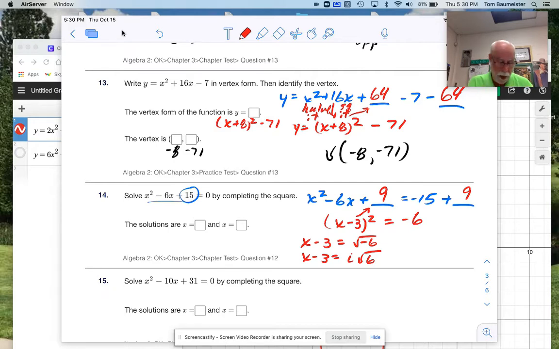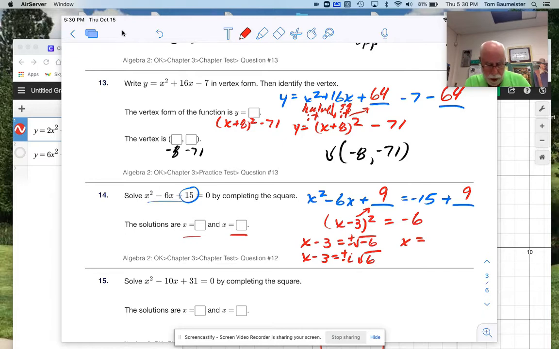So now we're not done here, because notice we have two answers there. So I'm going to bring that negative 3 over to the other side to get x by itself. Remember, I told you we're going to put that in front. So again, we should have had the plus or minus there. That's my bad.